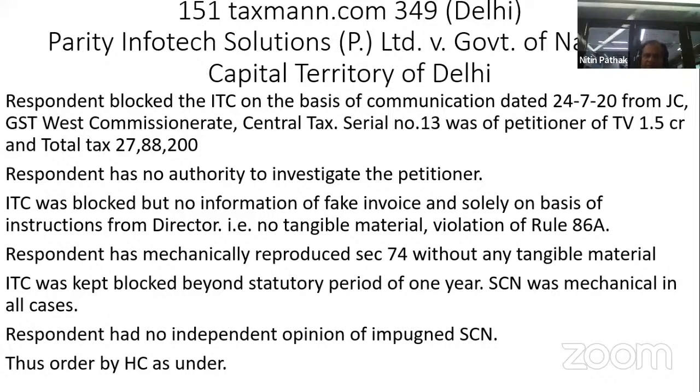It was reversed. The respondent has no authority to investigate the petitioner, because the jurisdictional officer has the right to do this. This GST commissioner has no right.